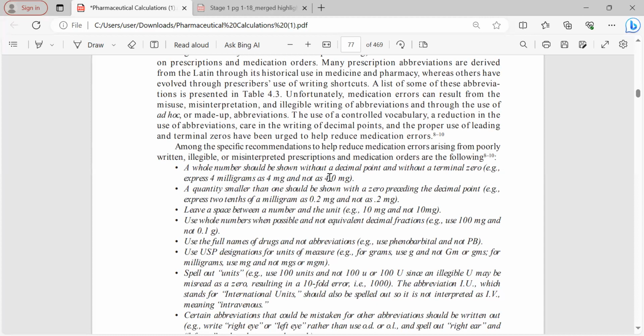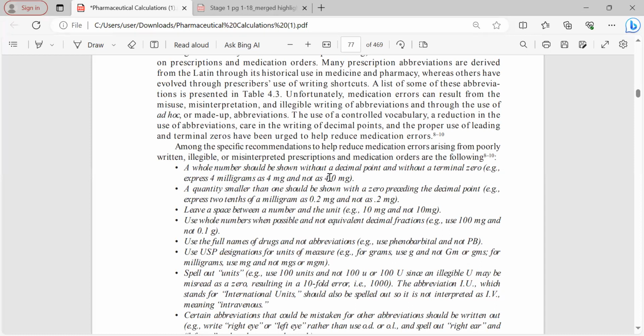Then when you're writing milligrams, if you use the symbol mg, you don't write it with an s, you just write it without the s.